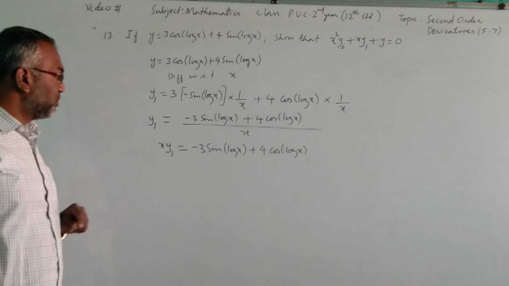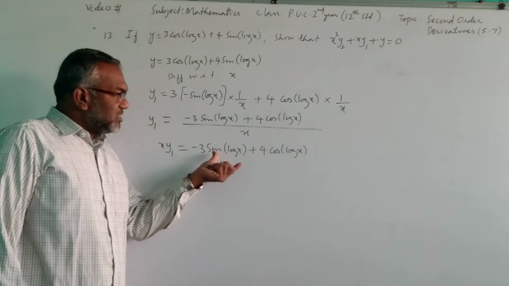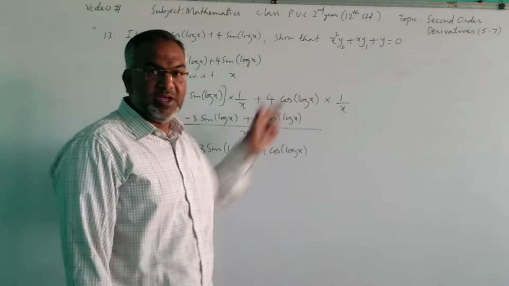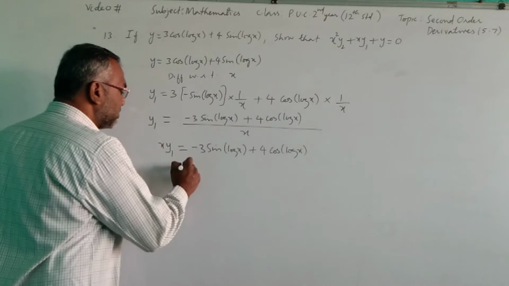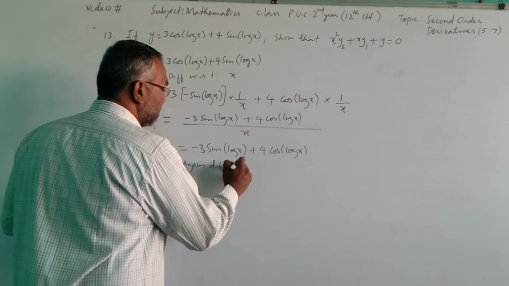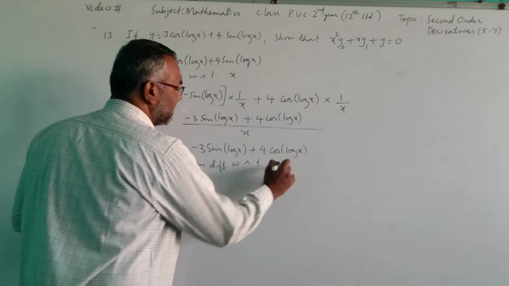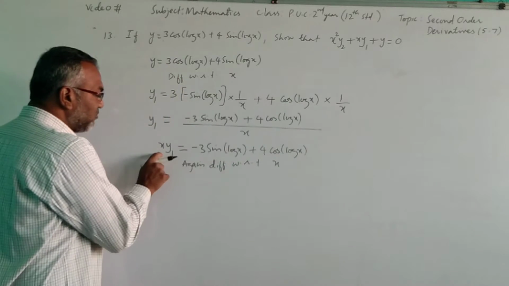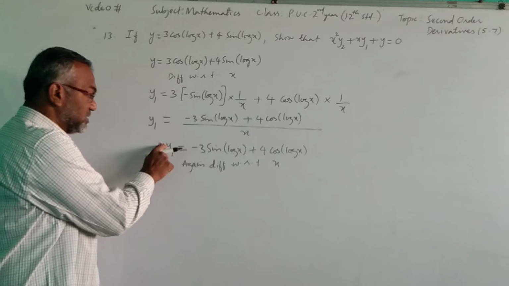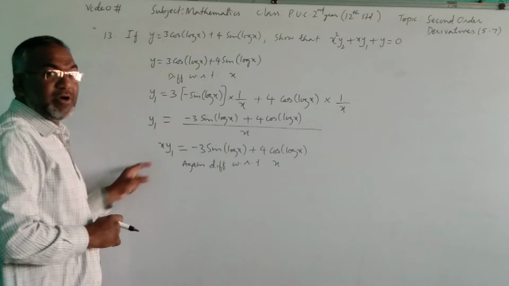We got this. Now differentiate this equation once again, because we have to get y2. Again differentiate with respect to x. Here we have two different functions, x and y1, and they are in product. Therefore we have to apply product rule.